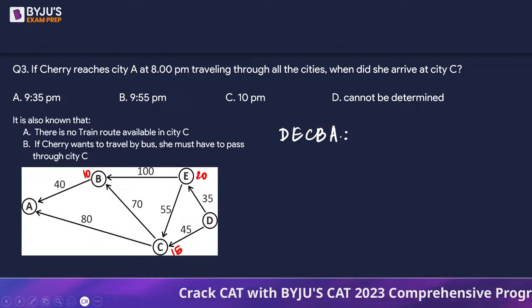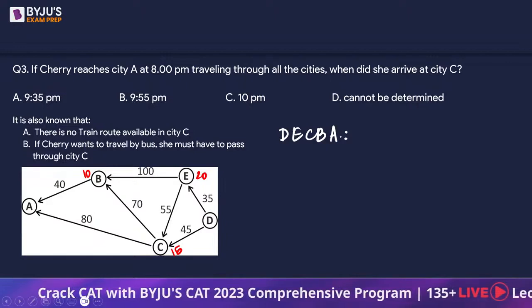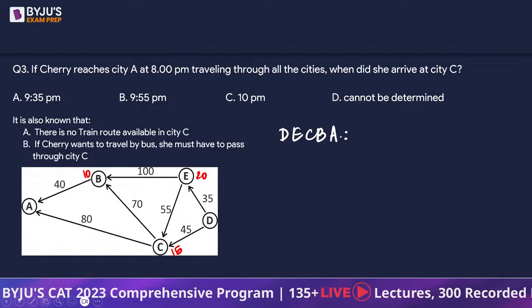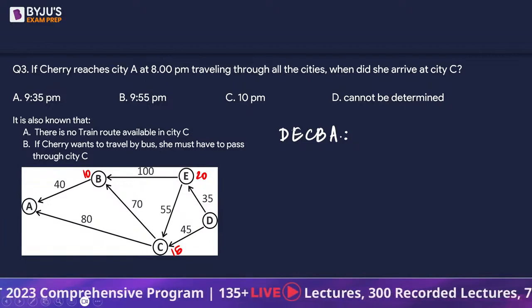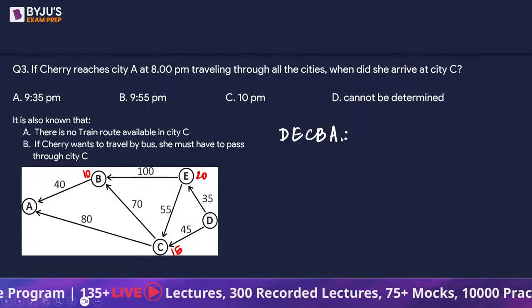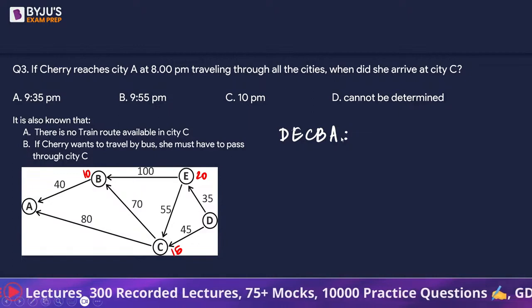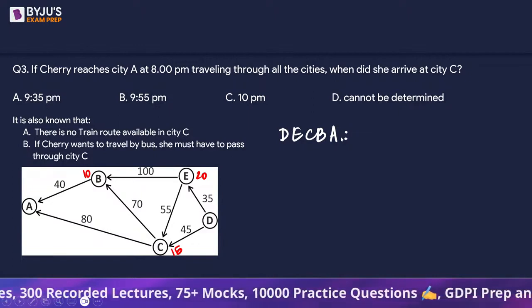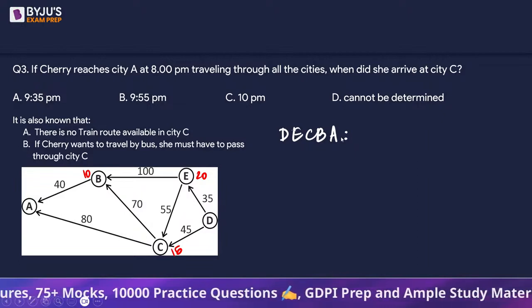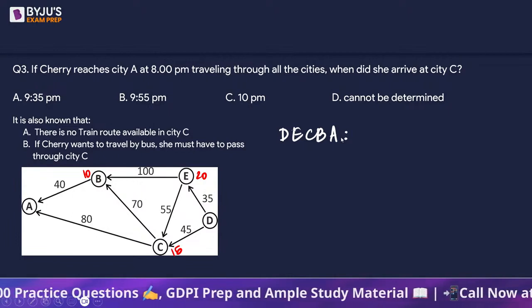8 p.m. Looks like there is some problem here. If she arrives at city A at 8 p.m., then I am thinking that C should be before 8 p.m., isn't it?